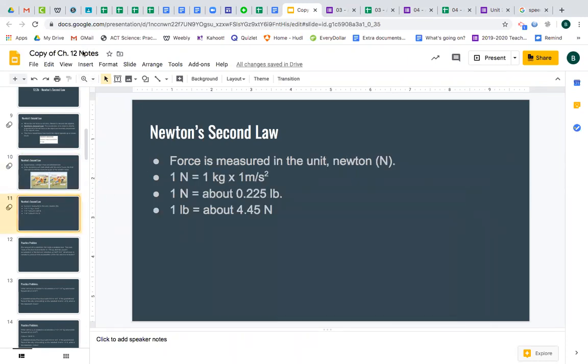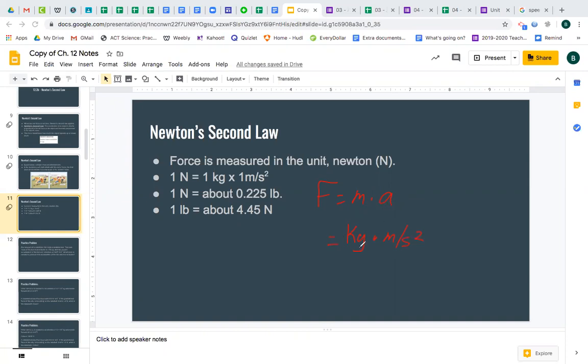When we do numbers, we have this equation, which you need to write down and make sure you have: force equals mass times acceleration. For this equation, mass always has to be measured in kilograms, and acceleration always has to be in meters per second squared.